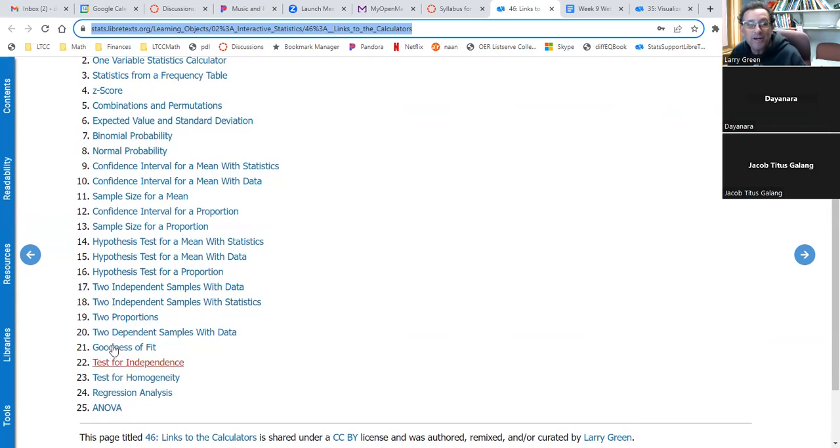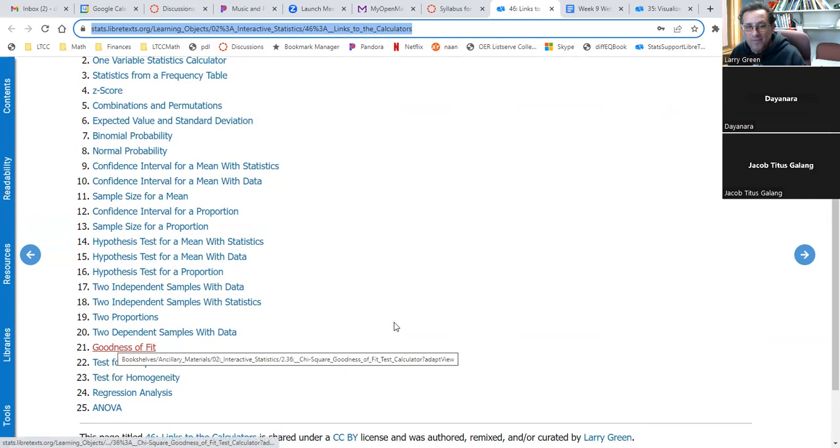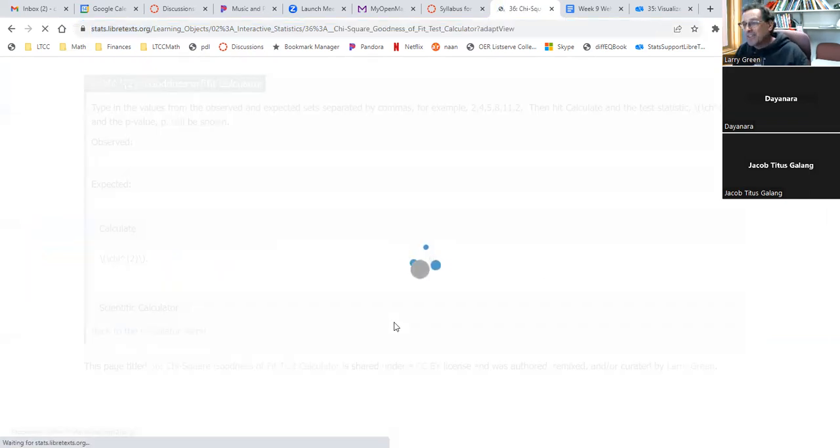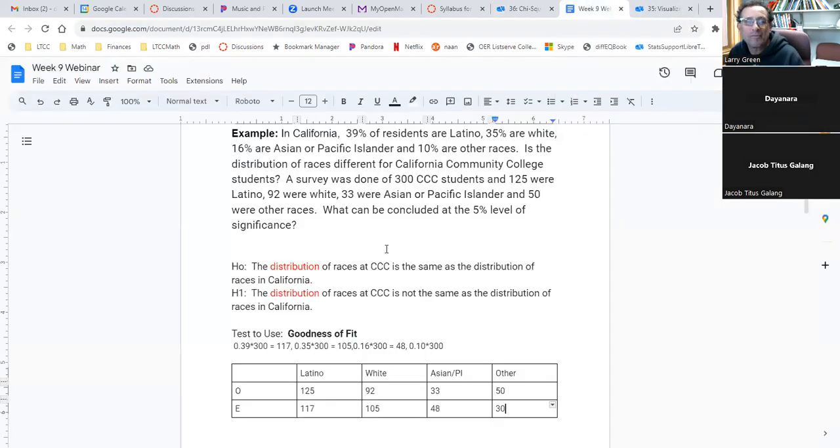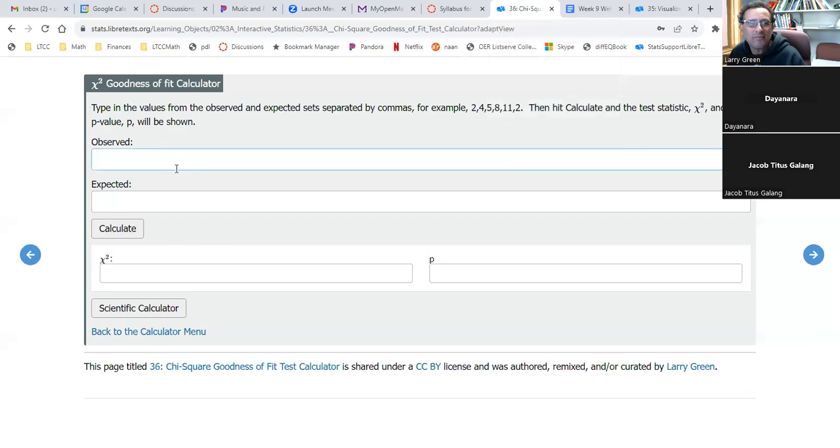Yeah, it's number 21, goodness of fit. When I made this calculator, I tried to make it really obvious, so there's no tricks or anything. Okay, with this one, it says, what are the observed values separated by commas? So now what I need to do is copy and paste and put in commas.